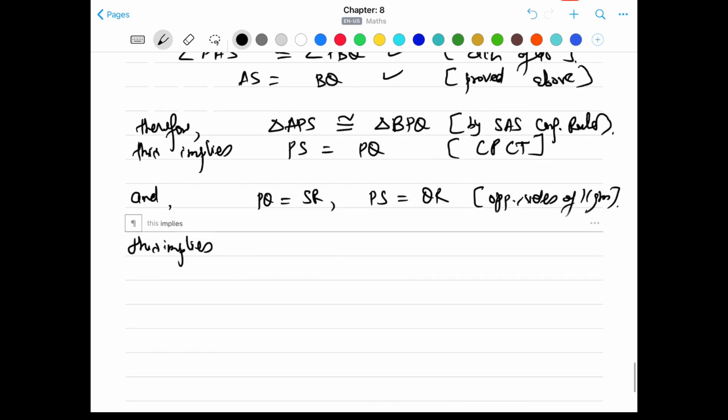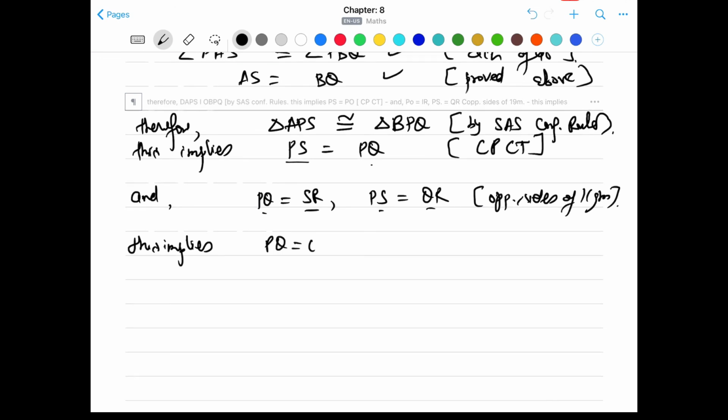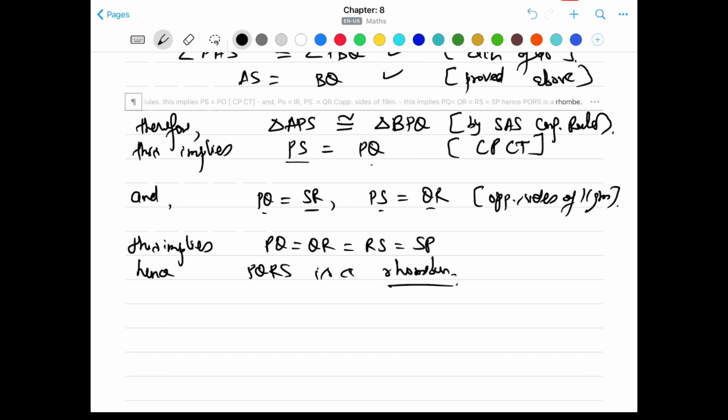We already have PS equal to PQ, so this implies that all four sides of this parallelogram are equal. That means PQ is equal to QR is equal to RS is equal to SP. Hence PQRS is a rhombus. That's what we were asked to prove here.